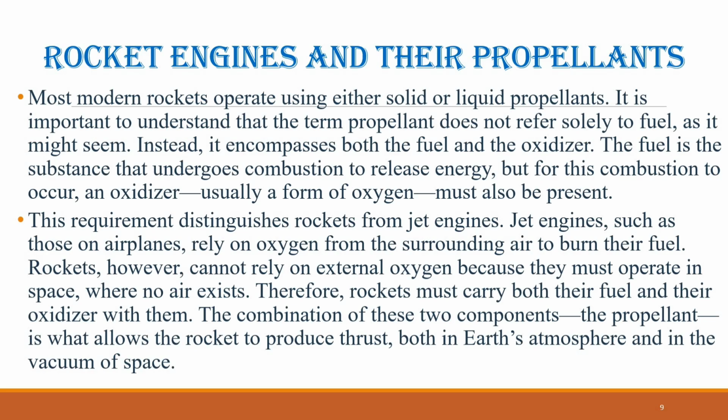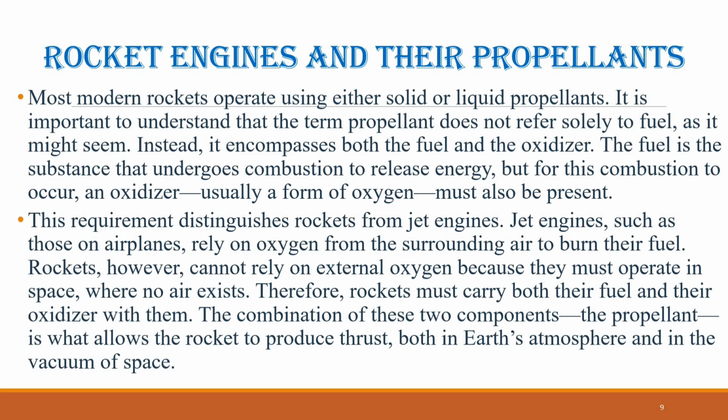Solid rocket propellants are dry to the touch and contain both the fuel and oxidizer chemically combined within a single substance. Typically, the fuel is made from hydrogen compounds and carbon, while the oxidizer is composed of oxygen compounds. When the rocket engine ignites, the propellant burns, producing hot gases that generate thrust.